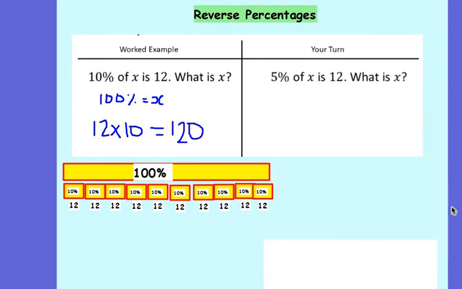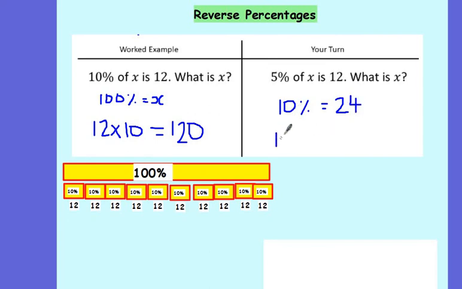Over to you, Year 8. Can you have a go at this question? If 5% of x is 12, what is x? Pause the video for a minute or two, and in your light blue books, have a go at that now, please. Okay, let's go through the answers. If 5% of x is 12, what's 10% of x going to be, Alicia? 24, exactly, it's just double that 5%.